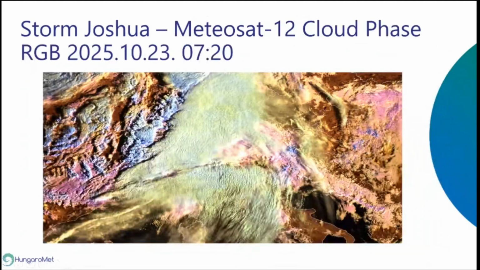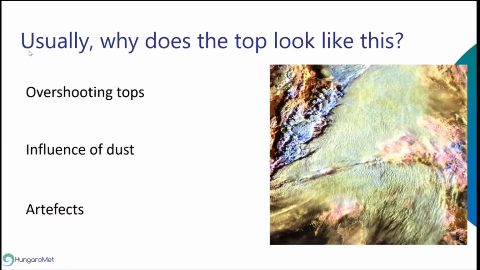And if we just look at one image of the cloud phase image, this is in the morning. And if we concentrate on this part, we see the cloud tops appear a little bit like the skin of an orange. So I have a question for you. What do you think can be the reason why this cloud top looks like this?